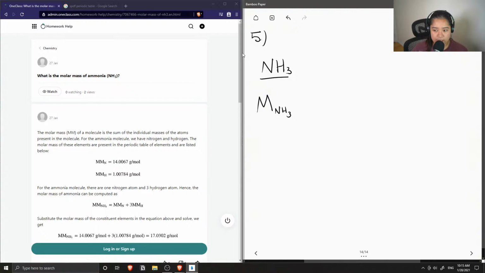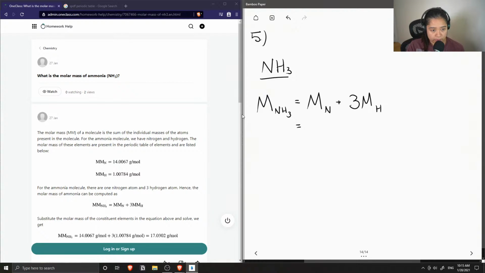And we also need to take into account how many of each atom are in the compound as well. So for example, the molar mass of ammonia is going to be equal to the molar mass of nitrogen plus 3 times the molar mass of hydrogen, since there are 3 hydrogen atoms in ammonia.